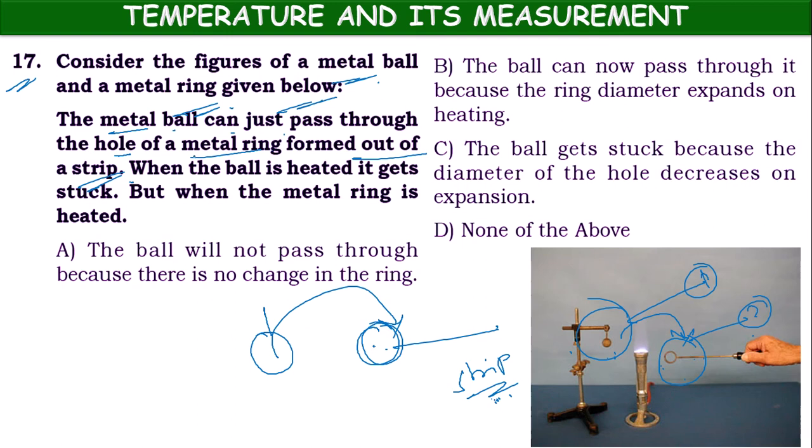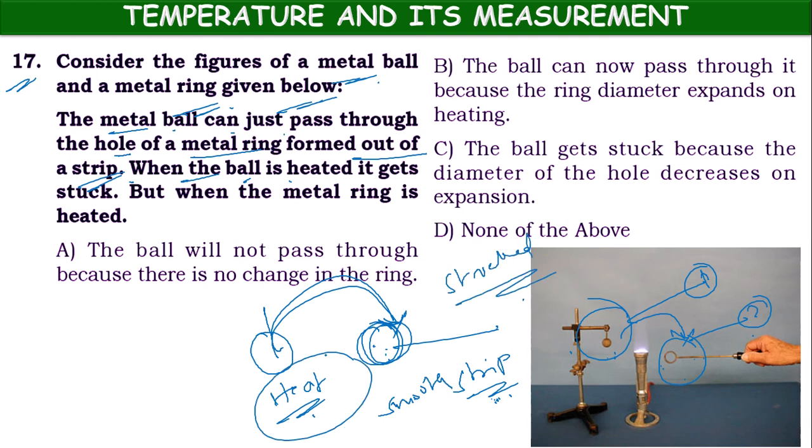Next, when the ball is heated, we cannot pass it through the hole smoothly, but it gets stuck. It gets stuck when it gets heated. But when the metal ring is heated, what happens?